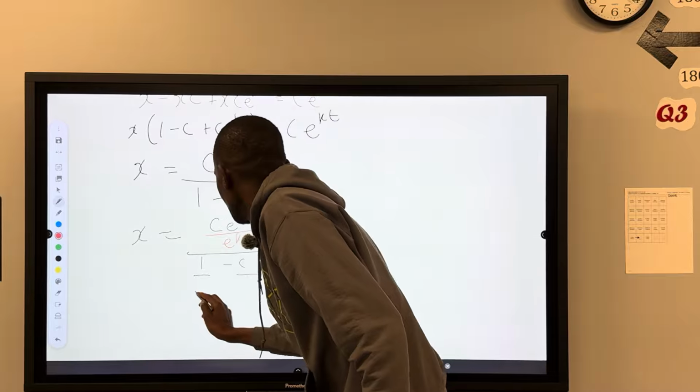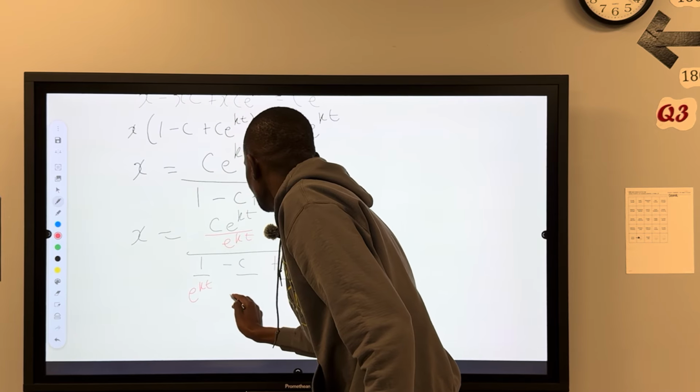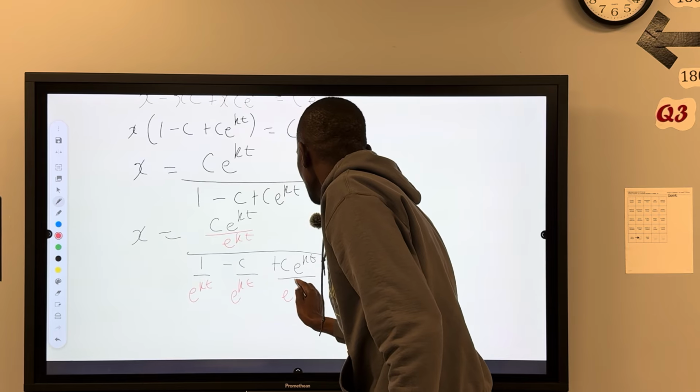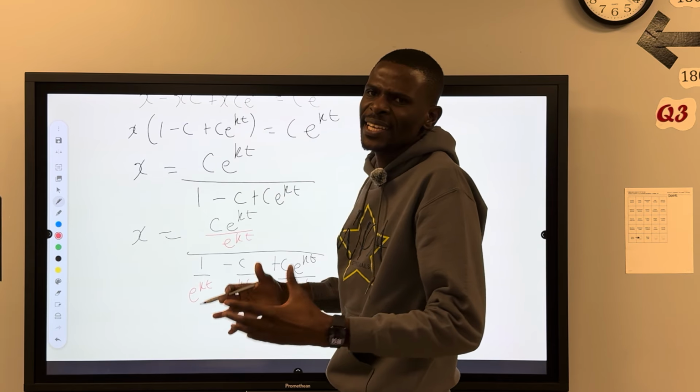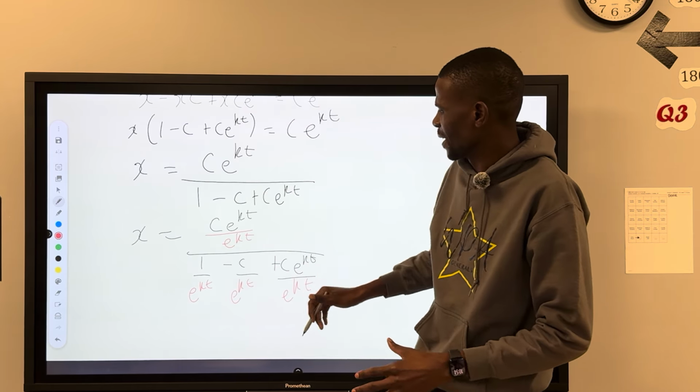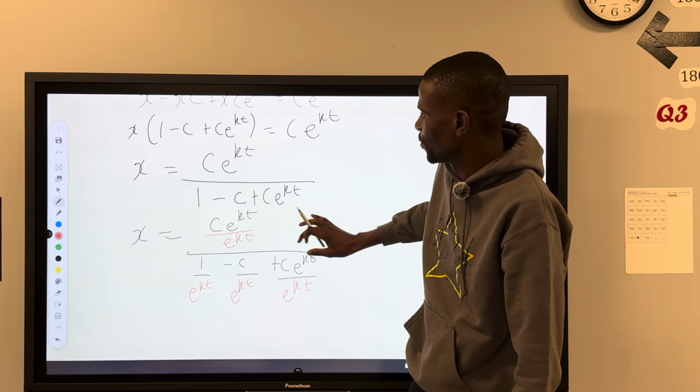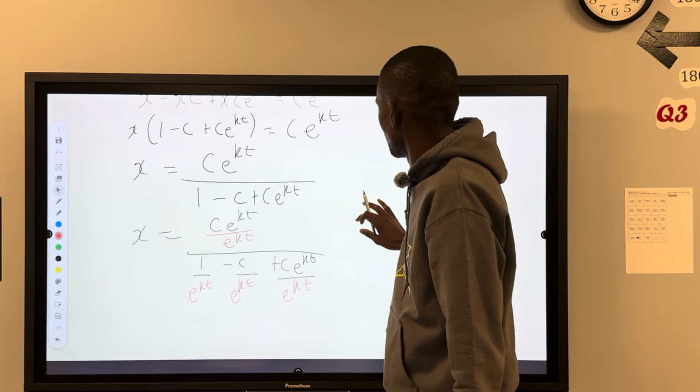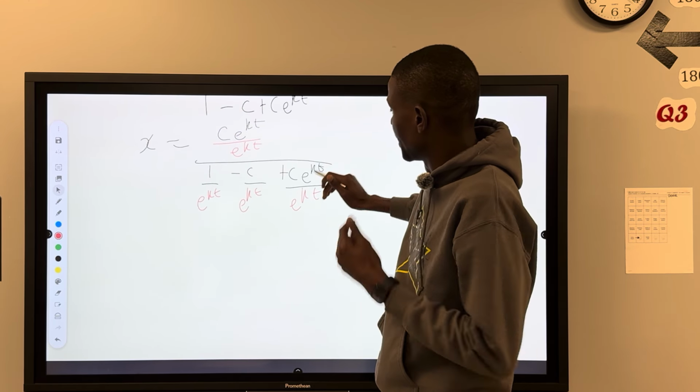So I'll divide everything by e to the kt. In the exam, you don't need to write like this, but in this case, I just want to show you how we are going to get the negative.